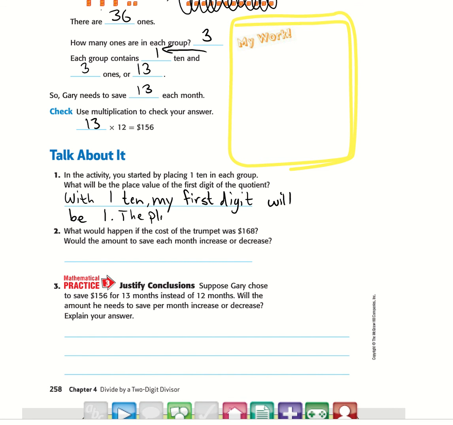The place value will be 10. So as an example, 13, that was my quotient. My first digit is 1, but the place value is 10.